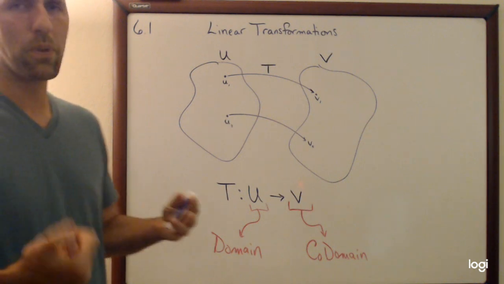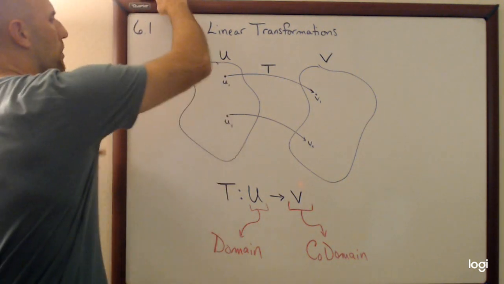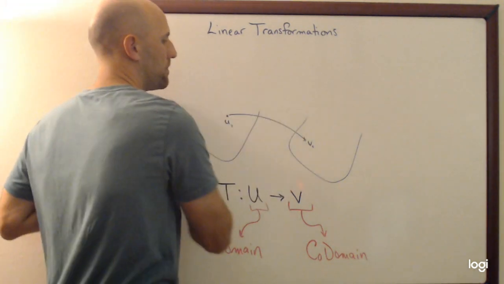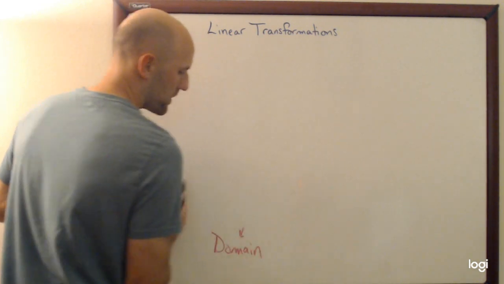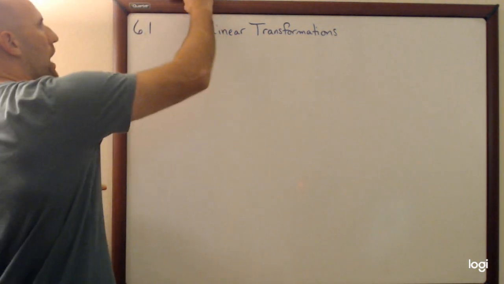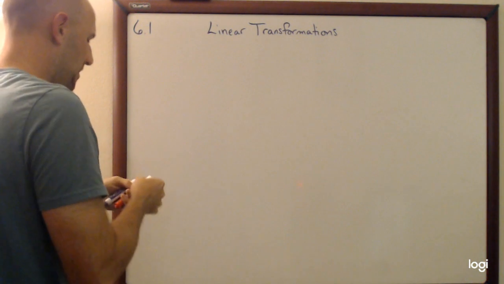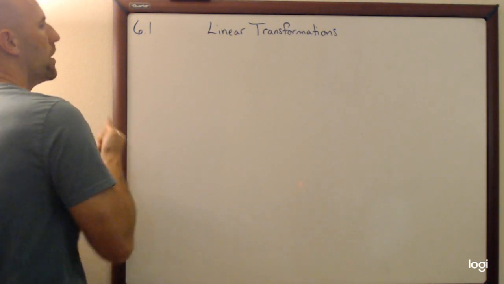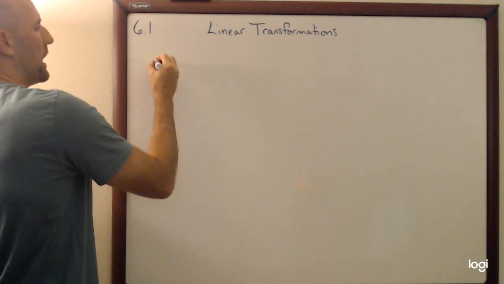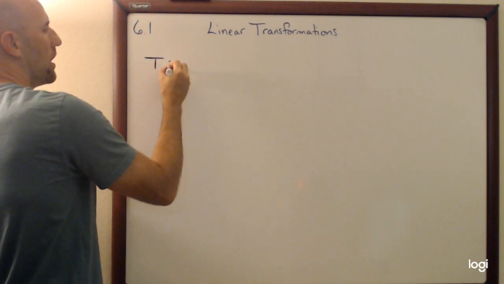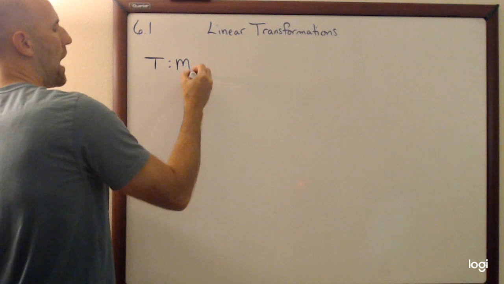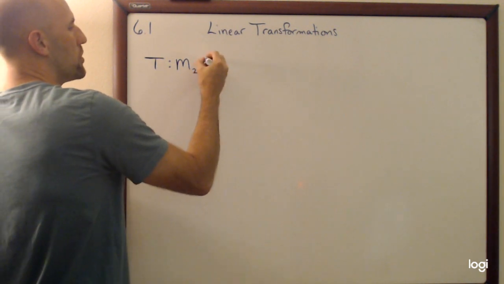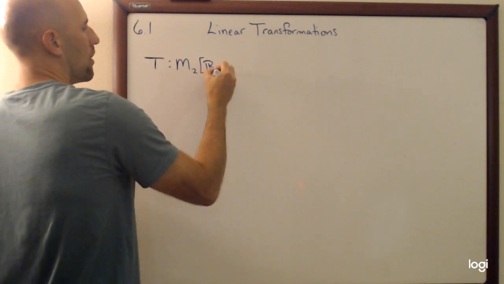I'll give you a few examples. I want to bring up two very specifically here. So let's take this one as an example. Suppose we have T, and T here is going to map M to R, okay?